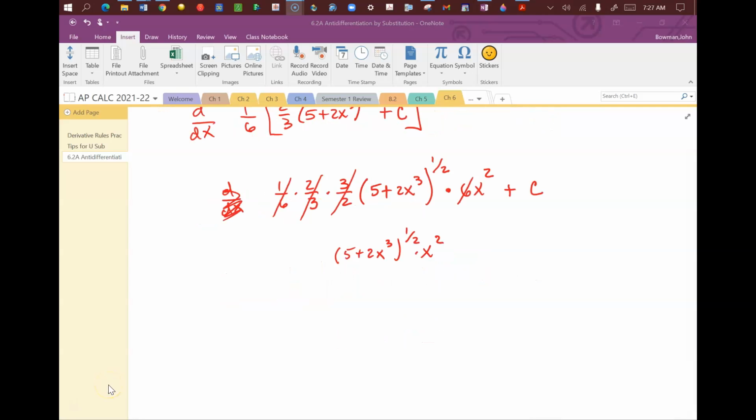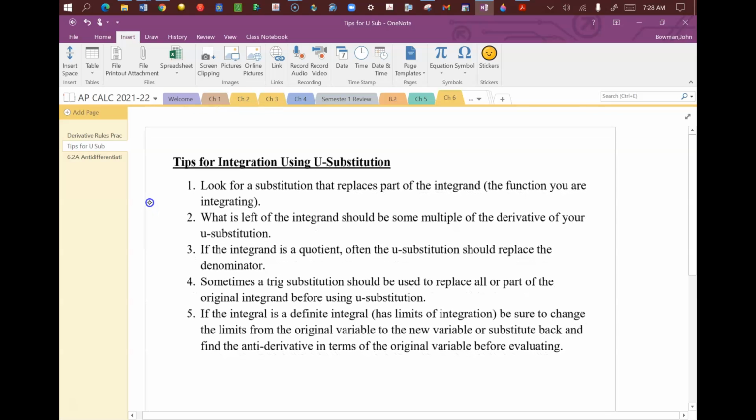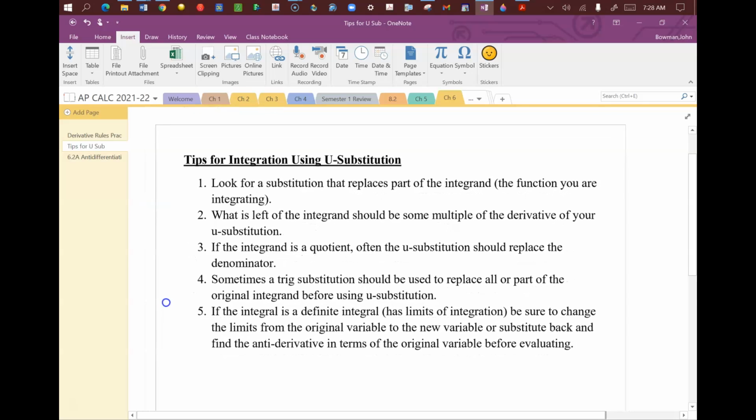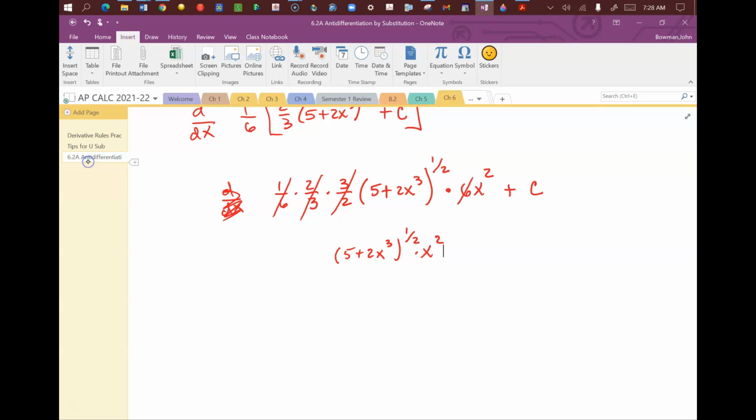So I want to end this video with some suggestions for how to use substitution, or what is often called u substitution or u sub. First thing is, look for a substitution that replaces part of the integrand, the function that you are actually integrating. What is left of the integrand should be some multiple of the derivative of your u substitution.